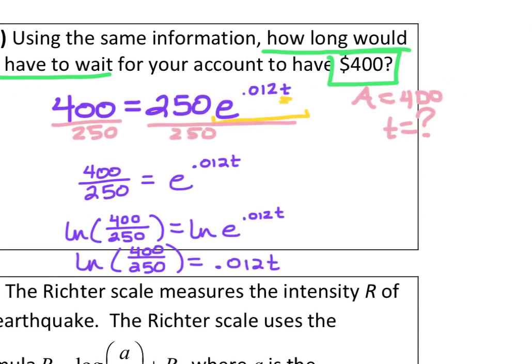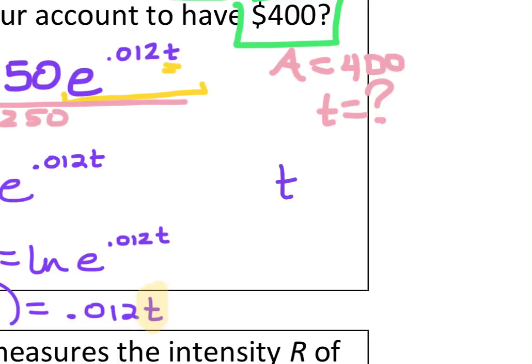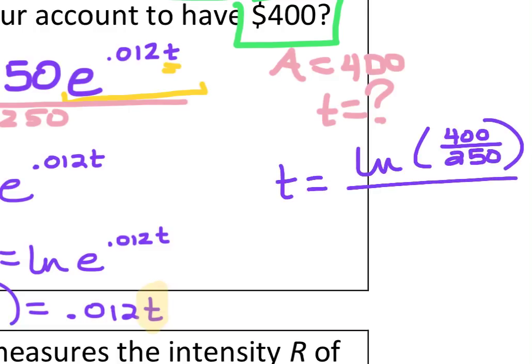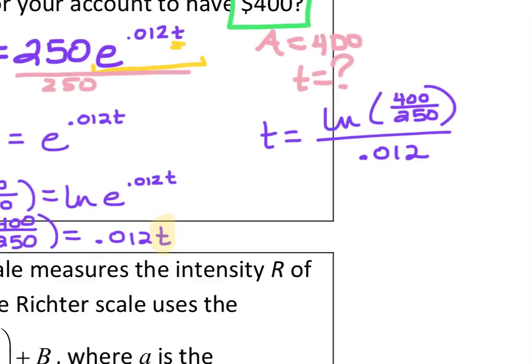Now, in order to get the t by itself, because remember that you want to solve for t, I am going to divide both sides of the equation by 0.012. So t is going to equal ln of that big ugly fraction, 400 divided by 250, all over 0.012. And I'm going to type exactly that into my calculator.